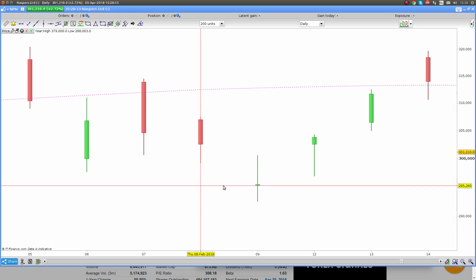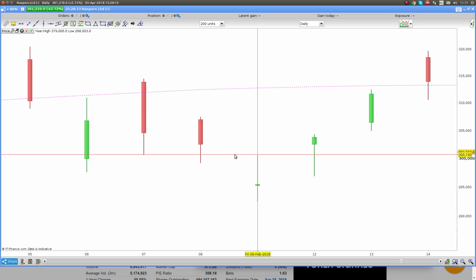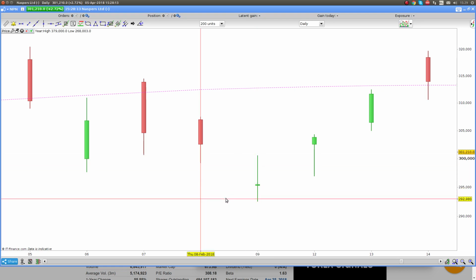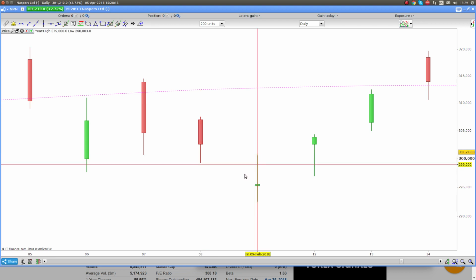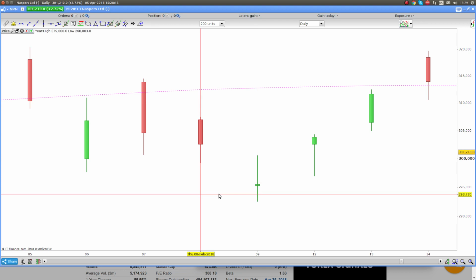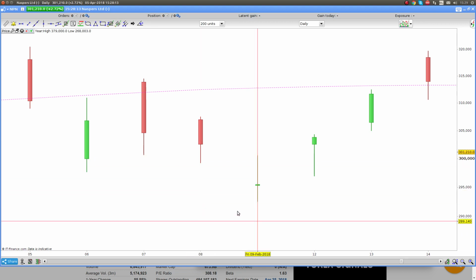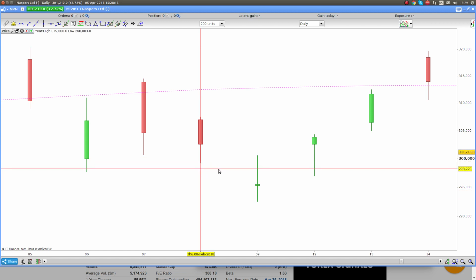So there was very little net movement during the day, but price did go all the way up here and it came all the way down here. But at the end of the day, we basically moved like a couple of pips. But what does that tell you? During the day, nobody really knew what to do. They tried to get it going up, it failed. They tried to push it down, it failed. So that represents indecision.